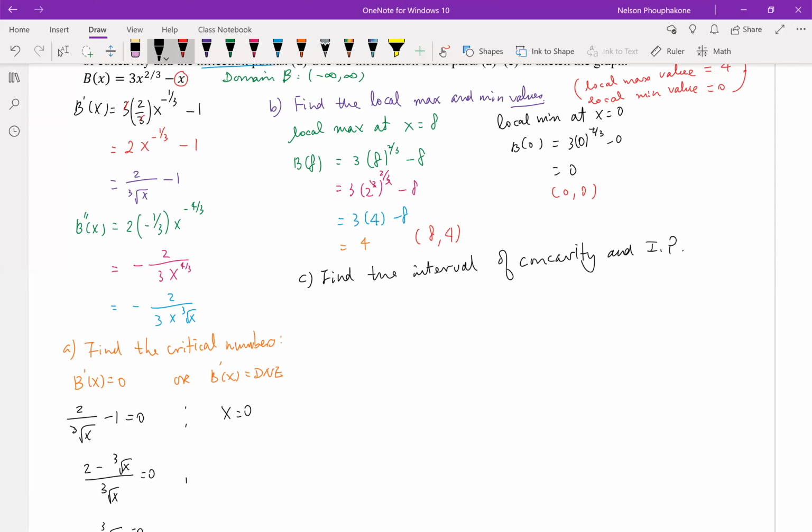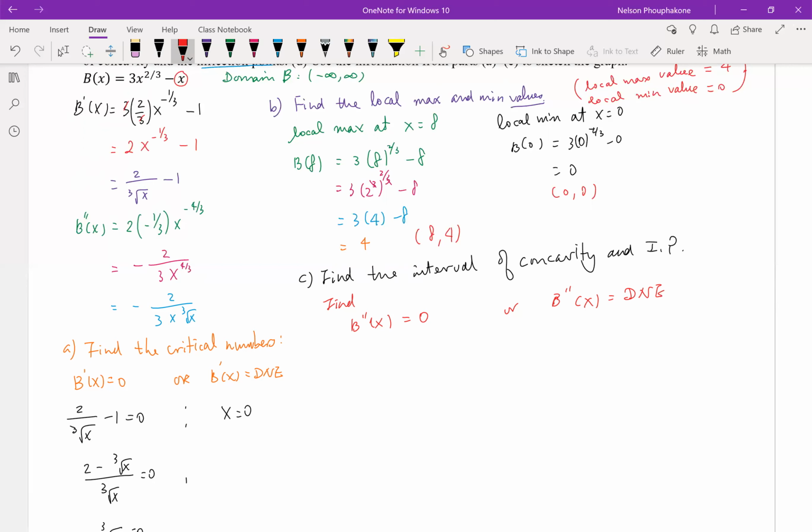So what we need to do is find b double prime of x is equal to 0, or b double prime of x is equal to undefined, just like what we found for the critical numbers.